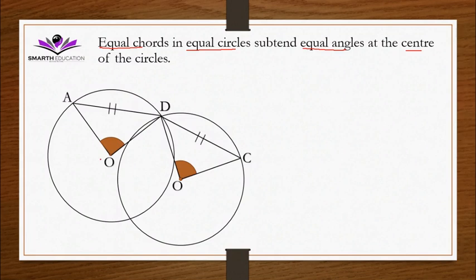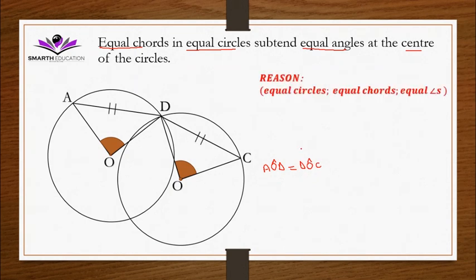Let me name them and say angle AOD is equal to angle DOC. Why are they equal? Because you say equal circles, equal chords, equal angles.